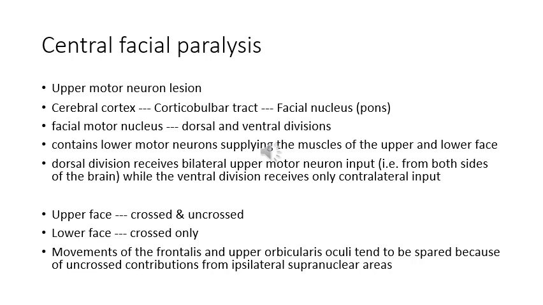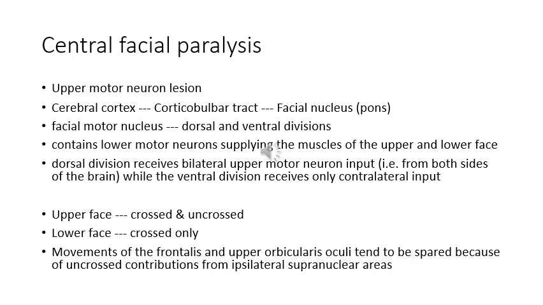That means our upper face has support from the uncrossed connection from the brain, whereas the lower face has only the crossed connections from the opposite side. Due to this, usually in facial paralysis, you can see that one whole half of the face is paralyzed.